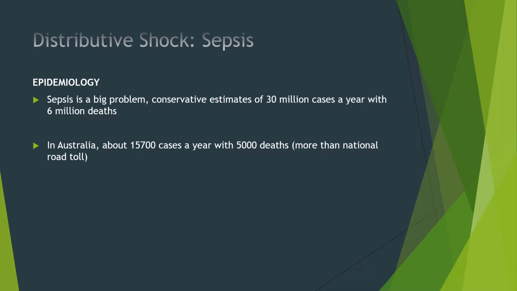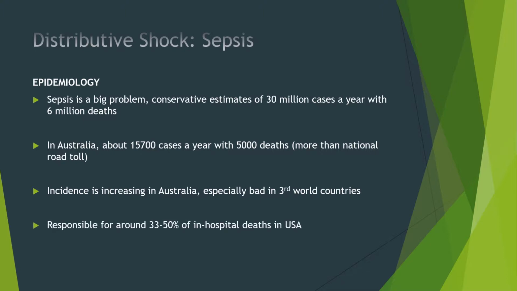We put a lot of emphasis on the national road toll, and yet a condition which is affecting nearly 16,000 people a year and is killing 5,000 doesn't get as much public attention. The incidence of septic diagnoses is increasing in Australia, but it's especially bad in third world countries, obviously, where infection control and access to healthcare is worse.